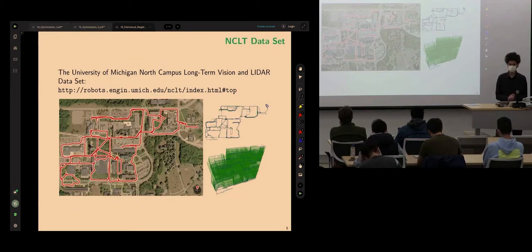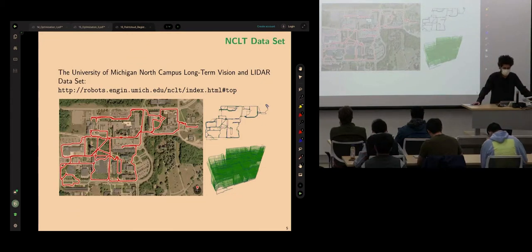So we have a dataset here in Michigan, NCLT, the University of Michigan North Campus Long-Term Vision and LiDAR dataset. You have LiDAR measurements across the campus, and I think an omnidirectional camera.